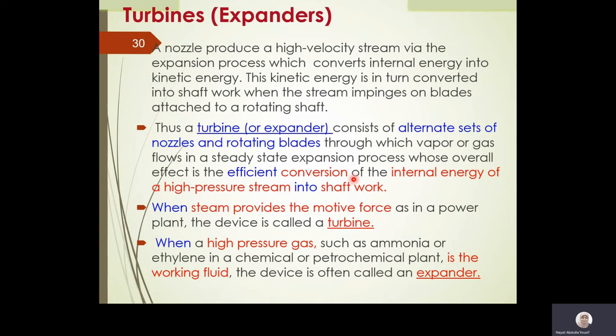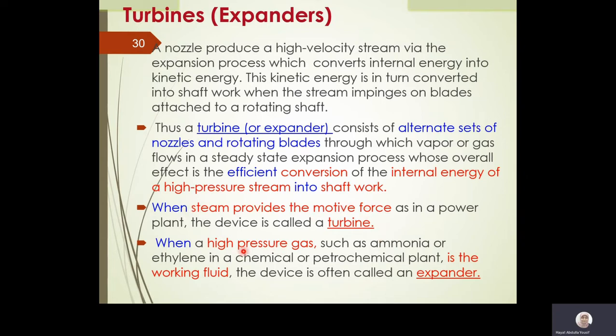And the question here is, what's the difference between turbine and expander? Because I put them both in the title, and I was talking about turbines up to now. Actually, it's just a basic difference. If you have steam as the working fluid, the fluid that causes the work to be produced, then we call it a turbine.